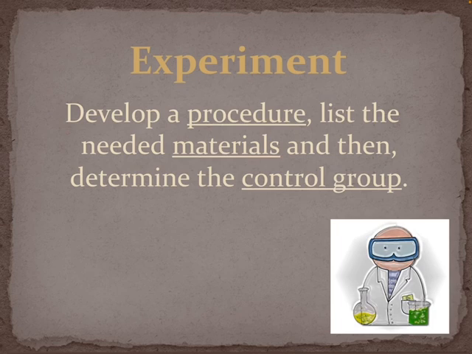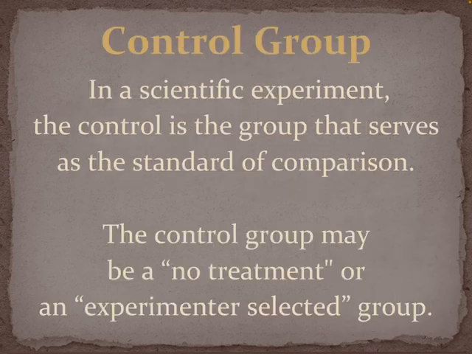Now, we developed a procedure. We listed our materials. And then we're going to determine our control group. So our control group in a scientific method is the group that serves as the standard of comparison. You always need to have a standard of comparison between your experiment and your control. So the control group is also called a no treatment group. And what that means is this group doesn't get experimented on.